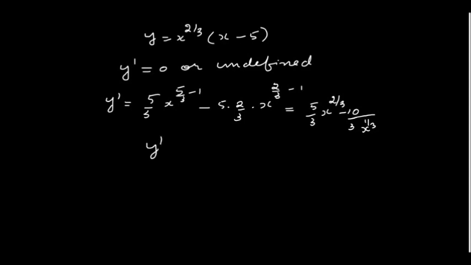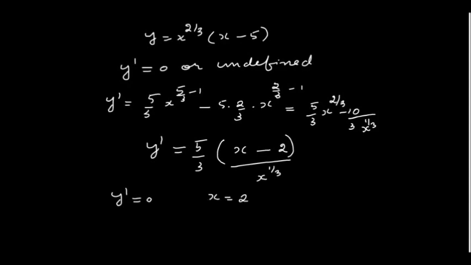Y dash is equal to, taking 5 by 3 outside, x raised to 2 by 3 plus 1 by 3, that is x, minus 2, divided by x raised to 1 by 3. So here y dash equals 0 when x equals 2.